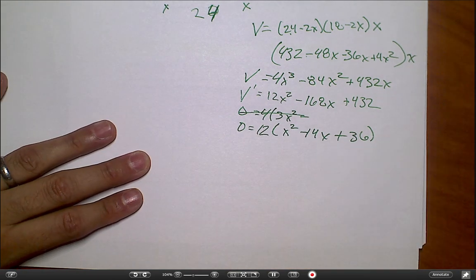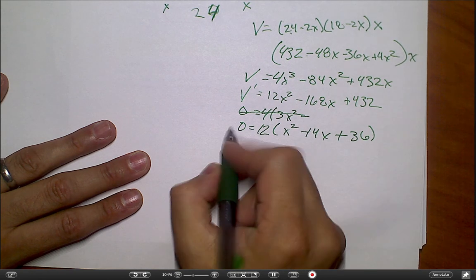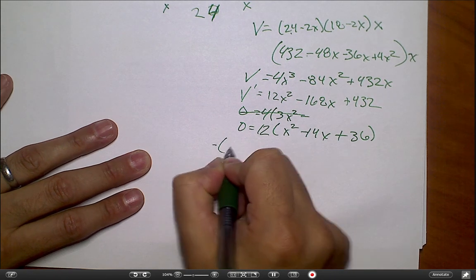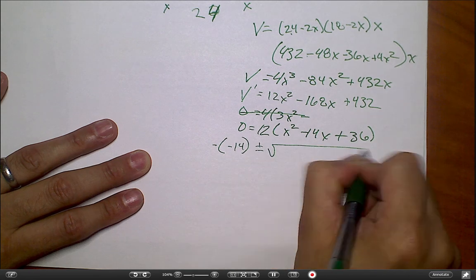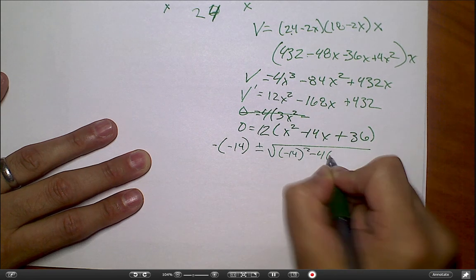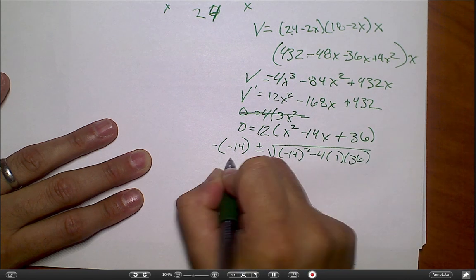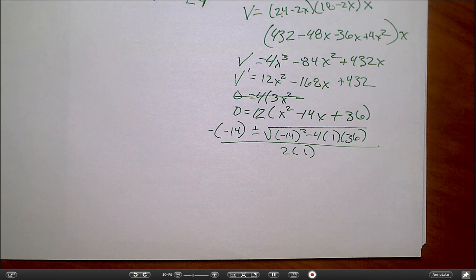Okay, so negative b plus or minus the square root of b squared minus 4 times a times c, 1 times 36, all over 2a, over 2 times 1. It's still gonna suck.